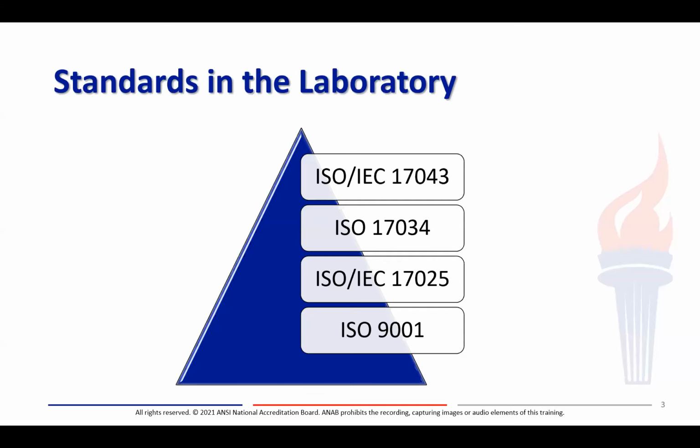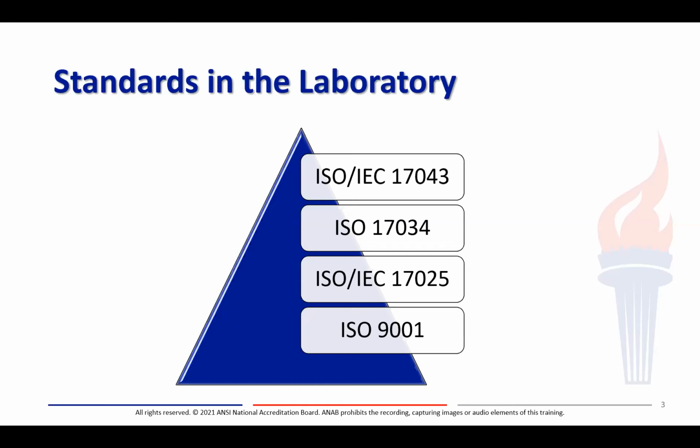The next step up is ISO IEC 17025, which is applicable to testing and calibration laboratories specifically. It contains the general requirements for the competence of testing and calibration laboratories. Laboratories accredited to 17025 must meet the requirements of this standard.